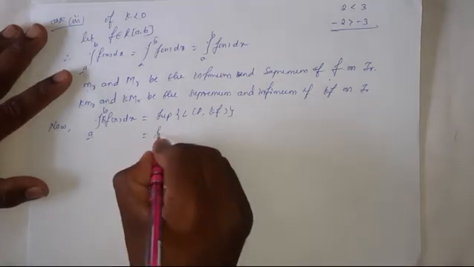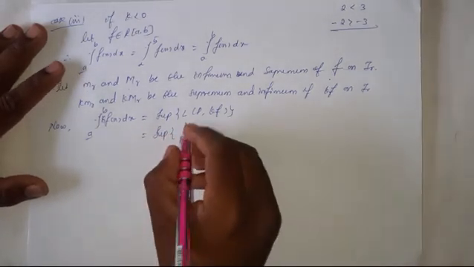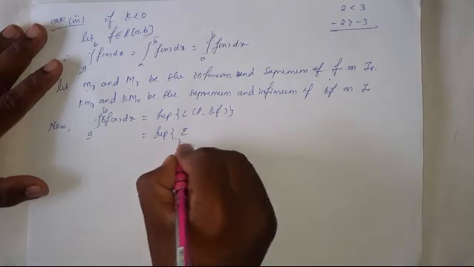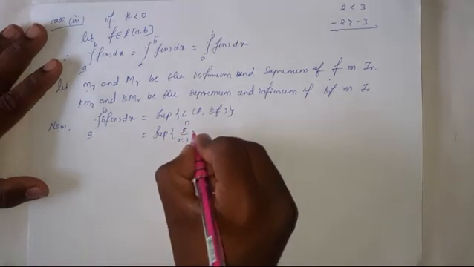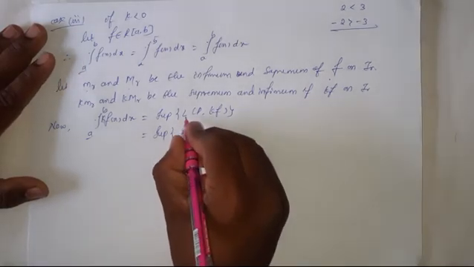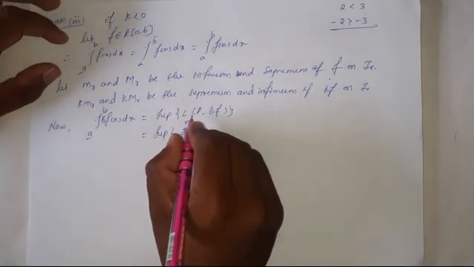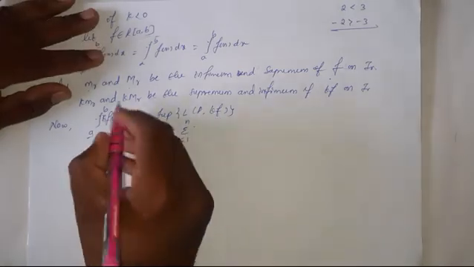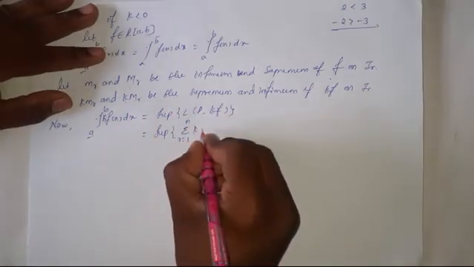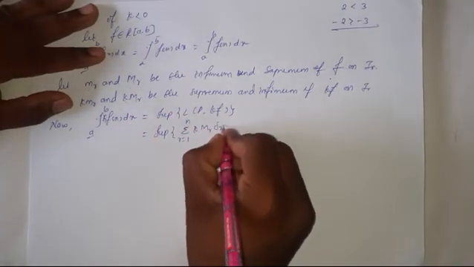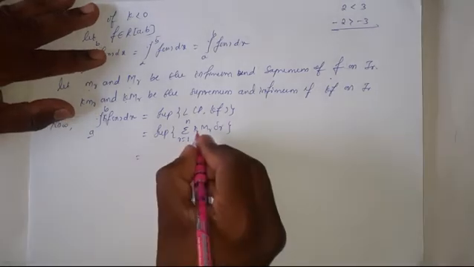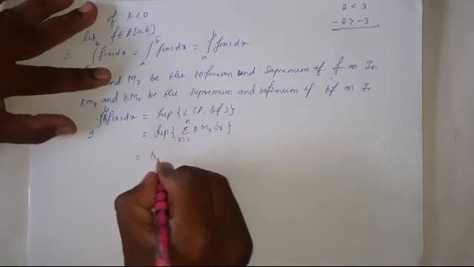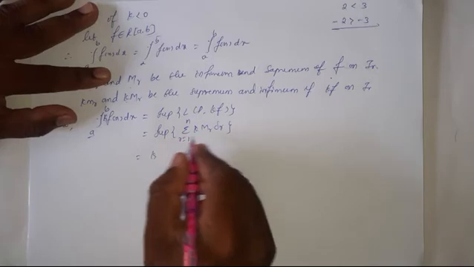Now it is equal to the supremum of summation over r is equal to 1 to n. While finding the lower sum, we need to find the infimum of the function kf. So here the infimum is k into capital Mr into delta r, and since k is constant, we can take it out of the supremum and summation.